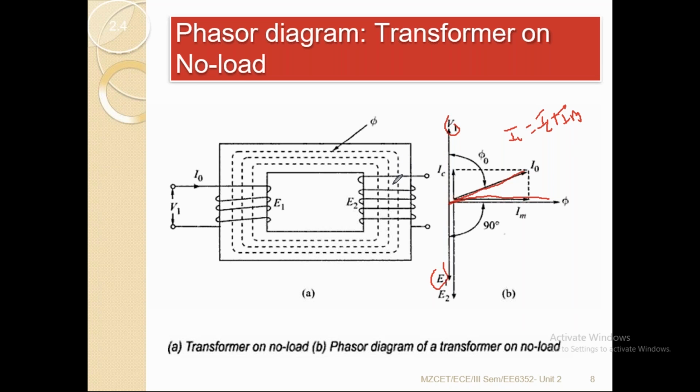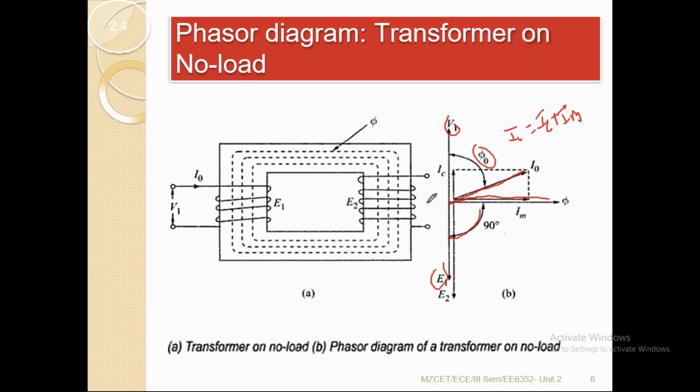In this condition, the angle between the voltage and current is phi naught. This angle shows the phasor angle between the primary voltage and the primary no load current. And in this diagram, the angle between the flux and the induced EMF is 90 degrees. This phasor diagram represents the transformer connected on no load, which means the transformer is completely open circuited.